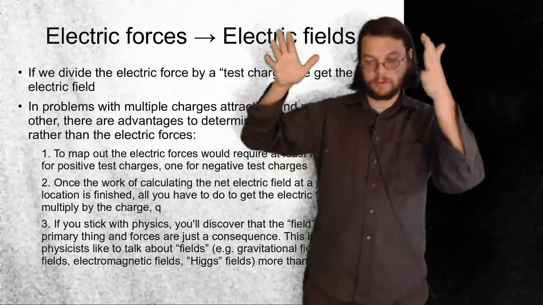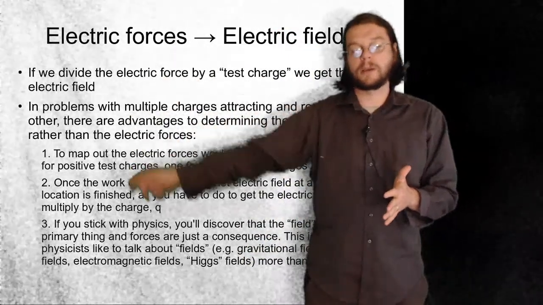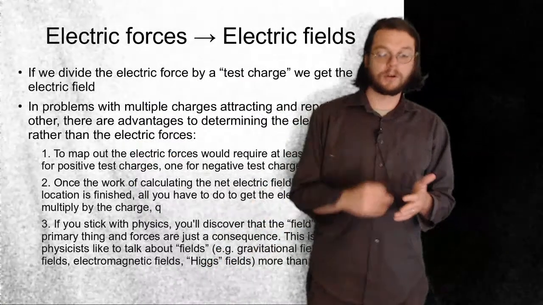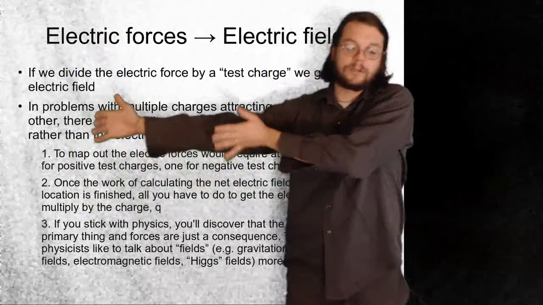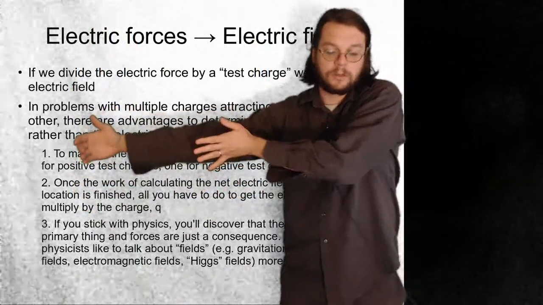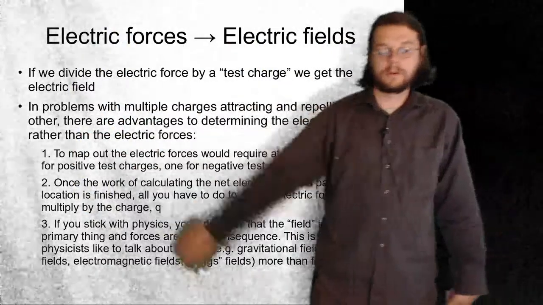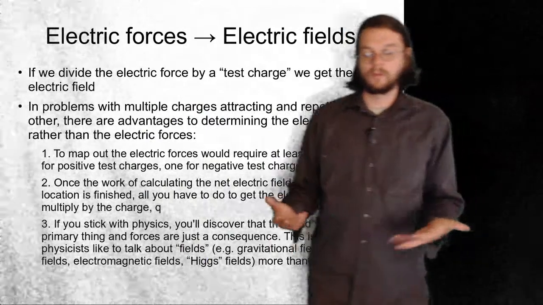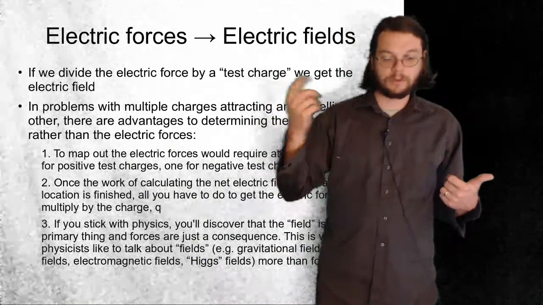You'd have to make a map for the positive charges, because positive charges are repelled away from positive charges and attracted to negative charges. And then you'd have to make a whole other map for the negative charges, because the negative charges are attracted to positive charges and repelled from the negative charges. So instead of making 2 maps, we can make 1 map, and we'll call that map the electric field.